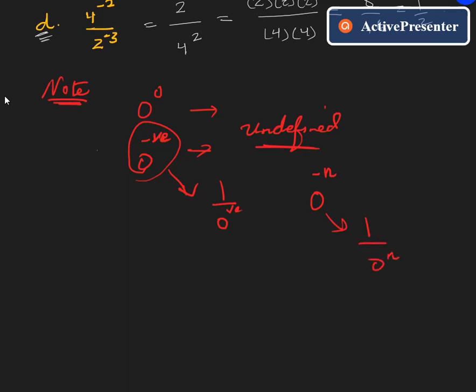These values are undefined. Okay, they never exist.